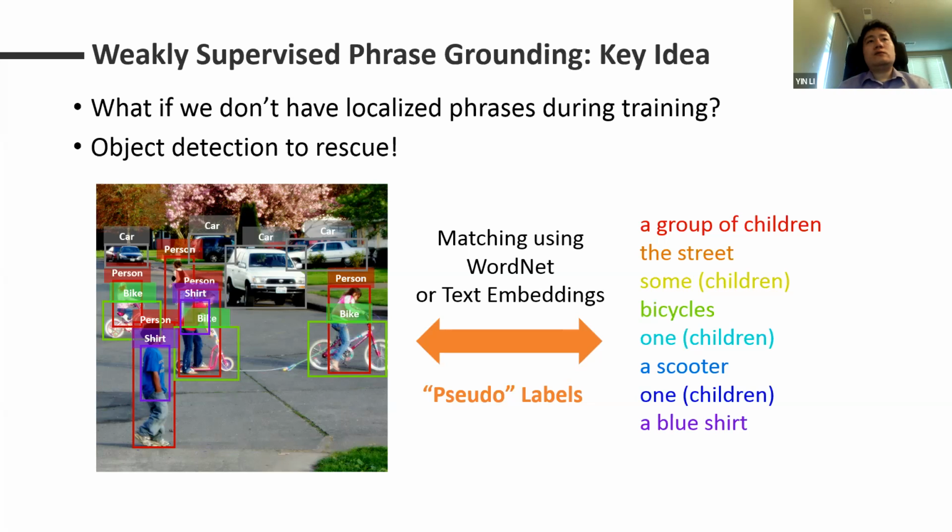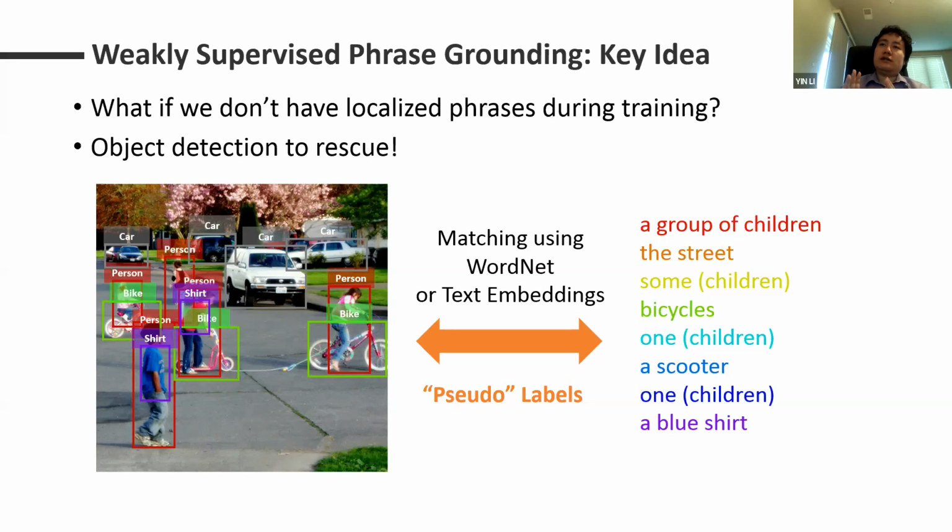If we run the object detector on this image, here's what we're going to get. We're going to detect all the persons, all the bikes, even though the scooter is also considered a bike for some reason. We can detect most of the cars, and we are able to detect the concept of shirt, for example. Now on the left-hand side, we really have a bunch of bounding boxes with their labels.